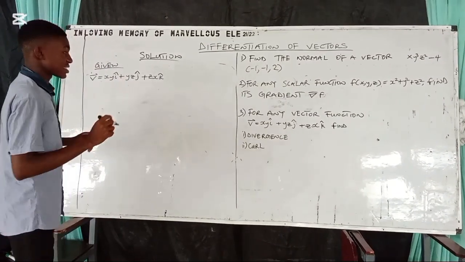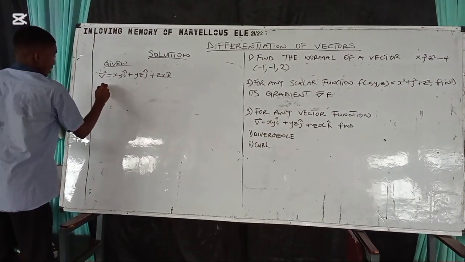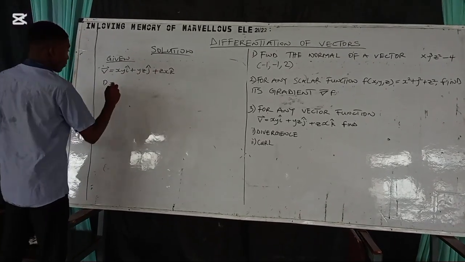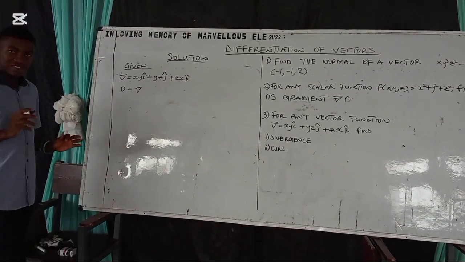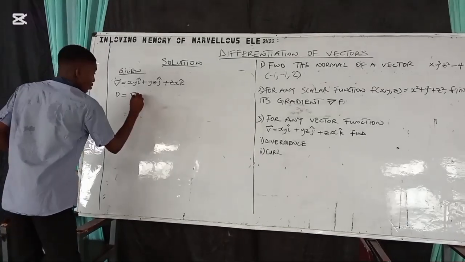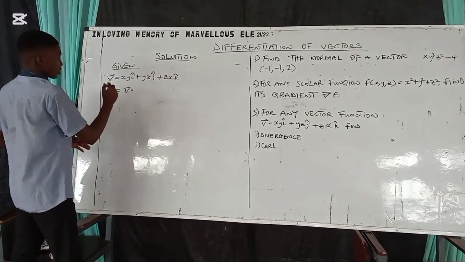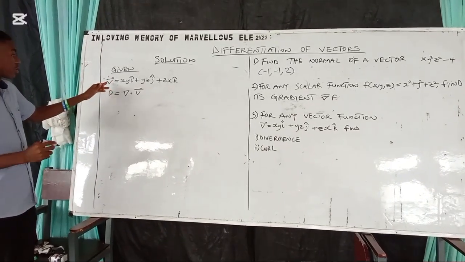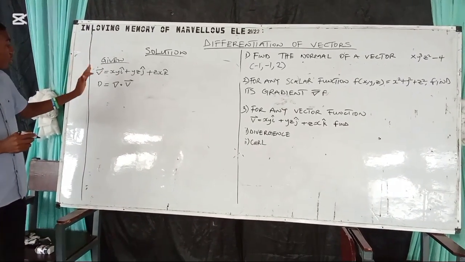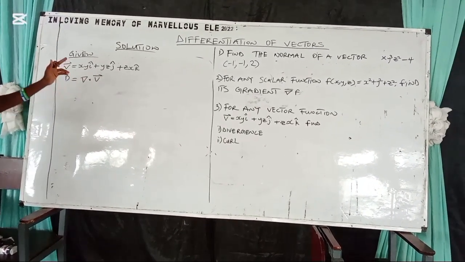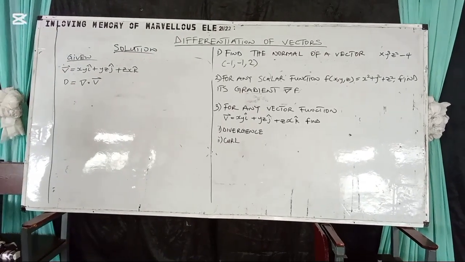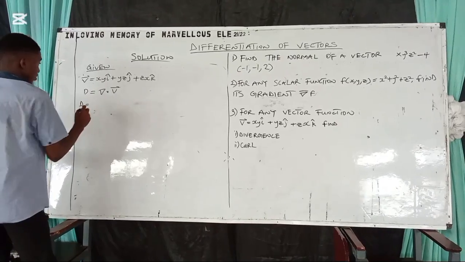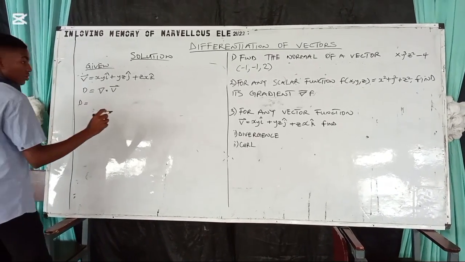For the divergence, the formula is D equals your vector operator dot your vector function, which is v here. The vector operator is very, very important. The vector function they give us will not always be v, it can be p, it can be a, anything, but it is the vector operator dot the vector function. So divergence D equals, what is the vector operator?